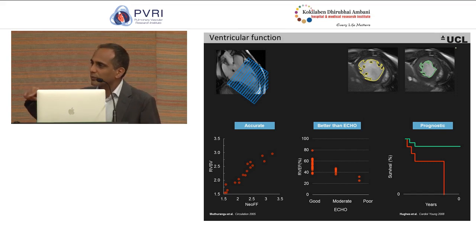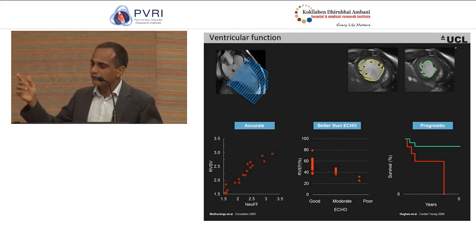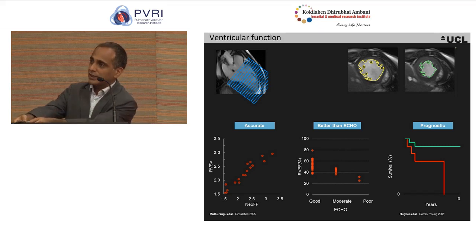For example, some people will segment out the trabecular, they'll only segment the compacted myocardium and leave the trabecular, but as long as you're consistent in your approach, it should be the same. On the basic training, it should be generally good, right? Absolutely. And also the final thing is, you don't have to use the vendor-supplied segmentation applications.